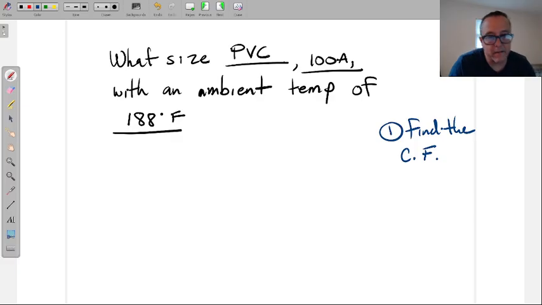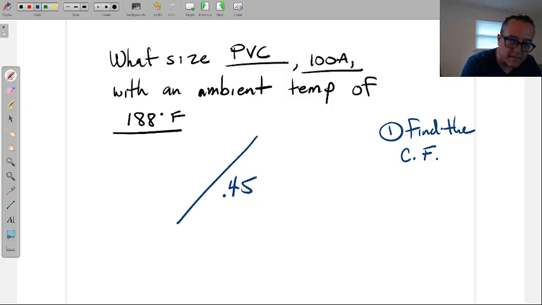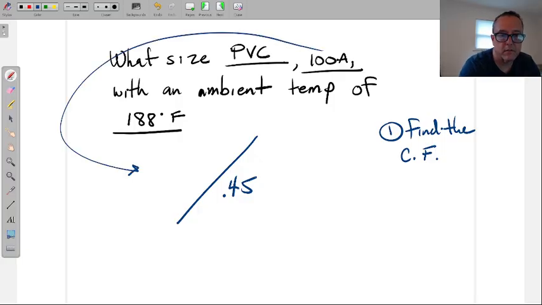So 188 degrees Fahrenheit, you make sure that you have the right insulation type. We already found it was 0.45, but you go to the correct column on the table, and you start with that, 0.45. And now you're going to divide by the amperage you seek to cover.